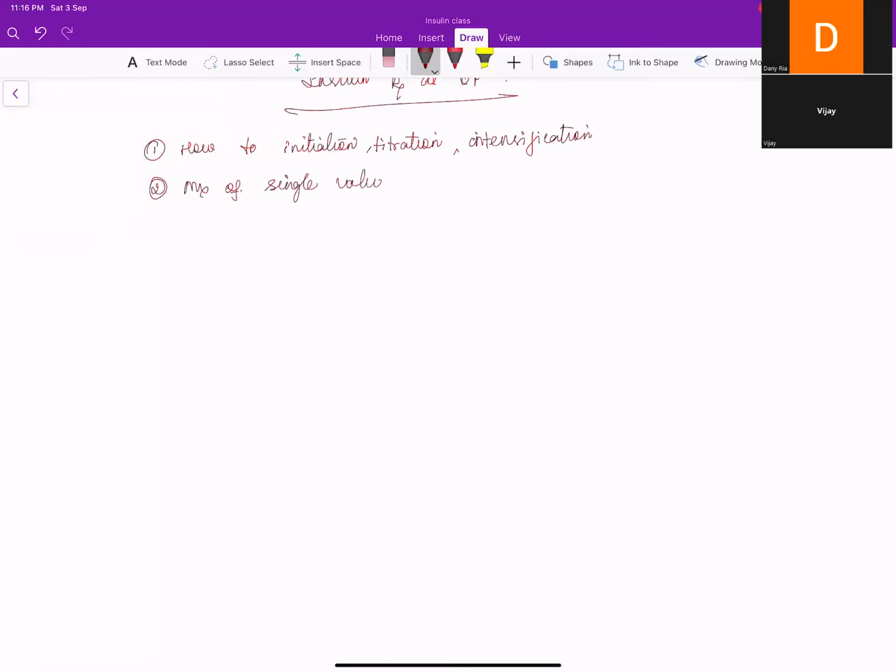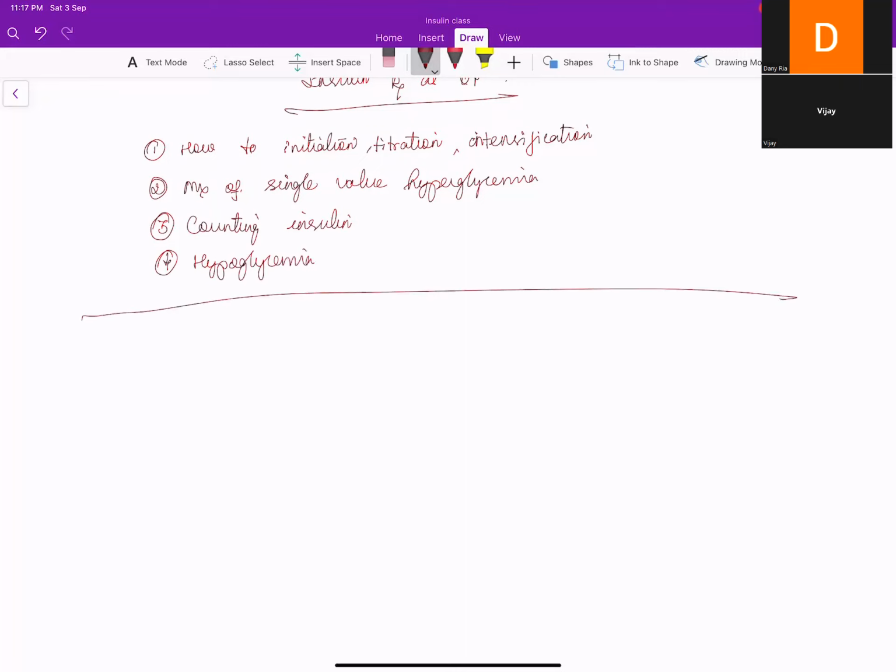Suppose you are monitoring sugar, only one value is high. So how to treat that? Next is counting insulin constantly. We'll discuss all these things. Fourth is hypoglycemia, how to treat.